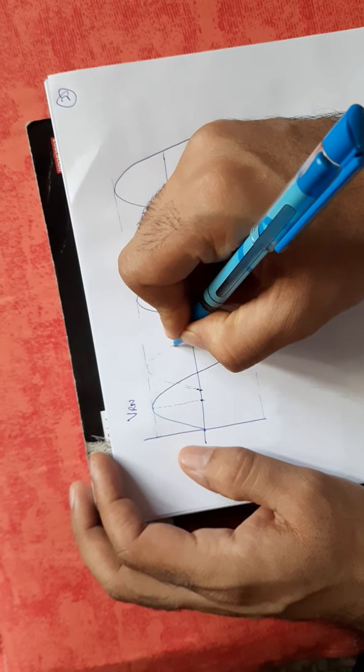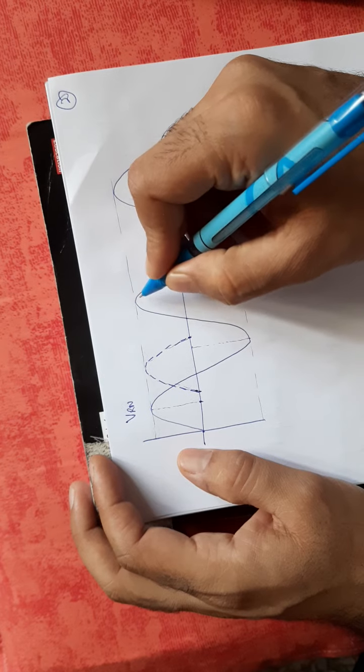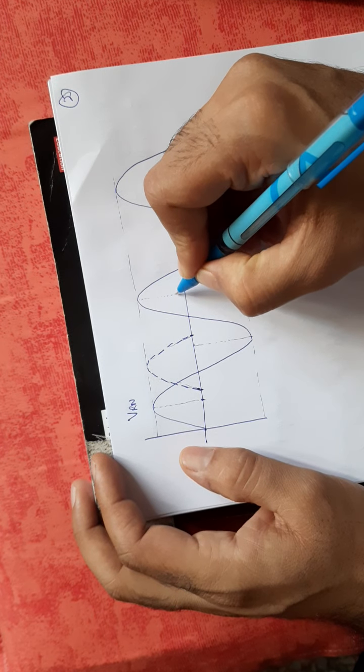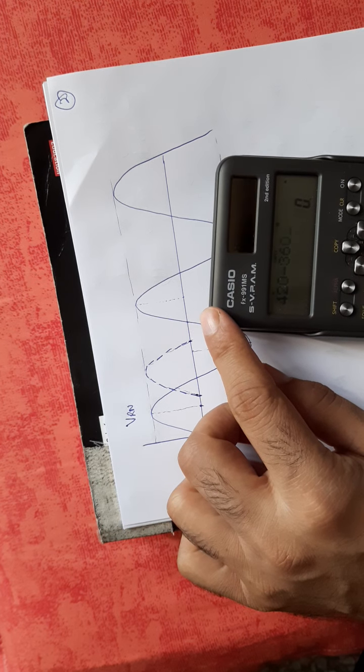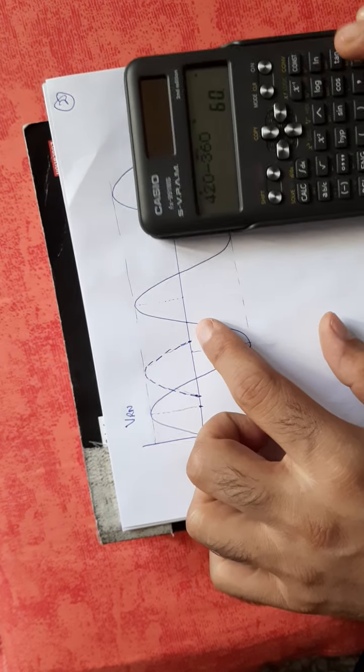From 300 plus 120, 420. 420 minus 360 is 60 degree.